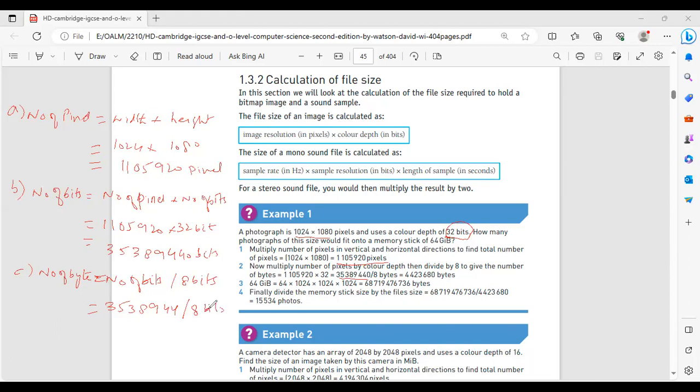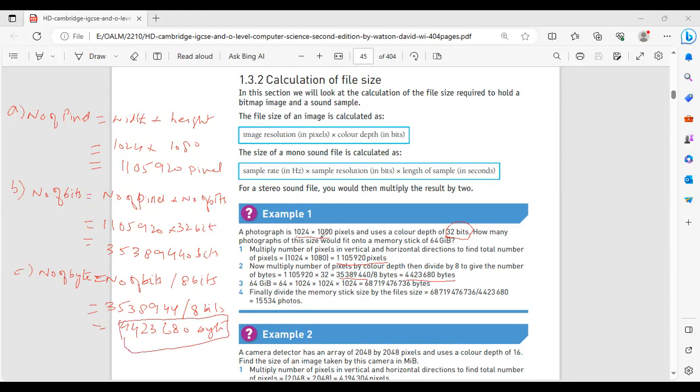Okay, so you will get these bytes, 44236 bytes. Now this is the size of one file which is stored using this number of pixels.